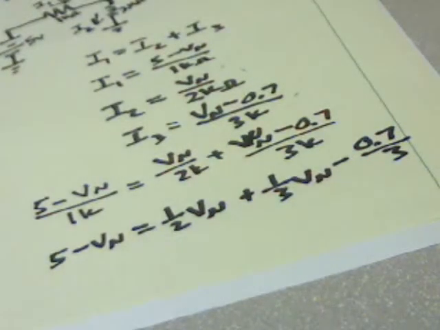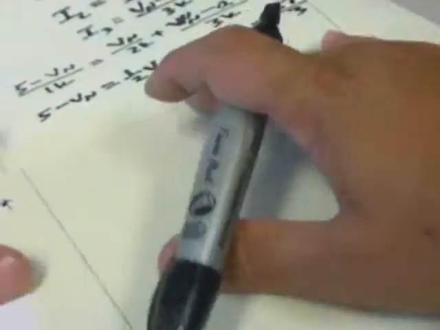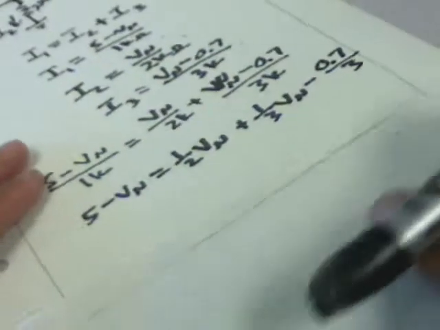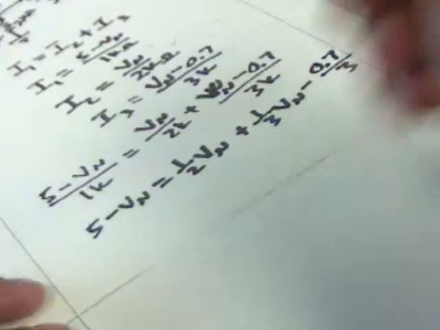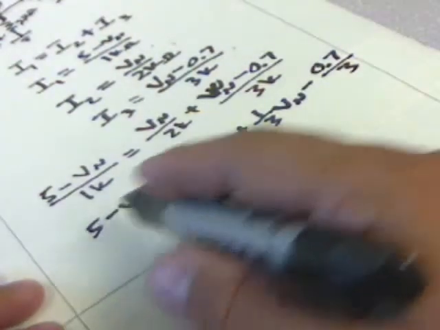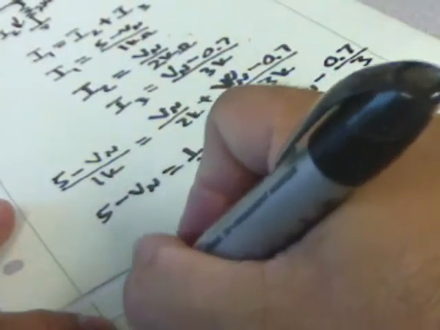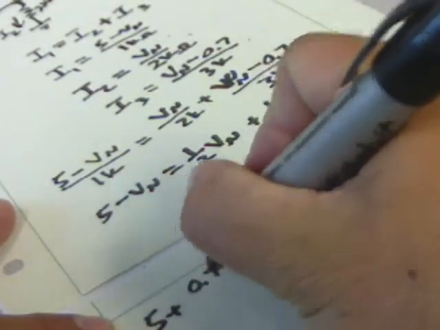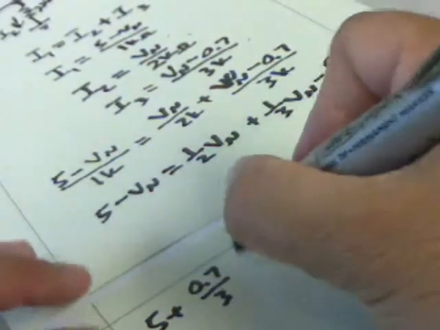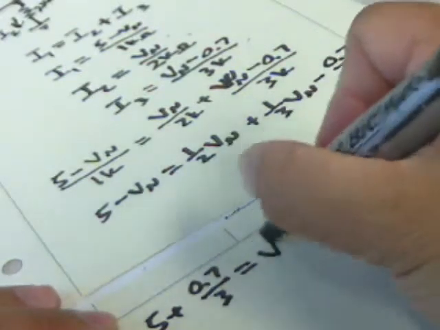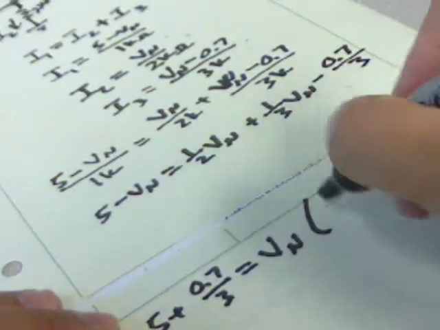Okay, and now continuing on, we're going to continue doing our algebra here, and that's all this is, just algebra. We've set up the equations, and now you just have to remember all your algebraic rules and whatnot, and you can solve the circuits pretty straightforward. So we're trying to get Vn by itself, so I'm going to add a Vn over here, and I'm going to take this over here, so I'm going to say 5 plus 0.7 over 3 is equal to Vn, and I'm going to gather terms.